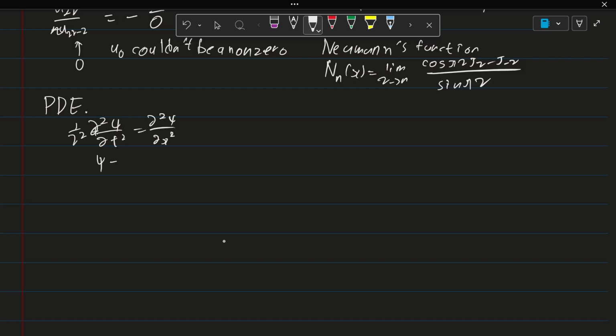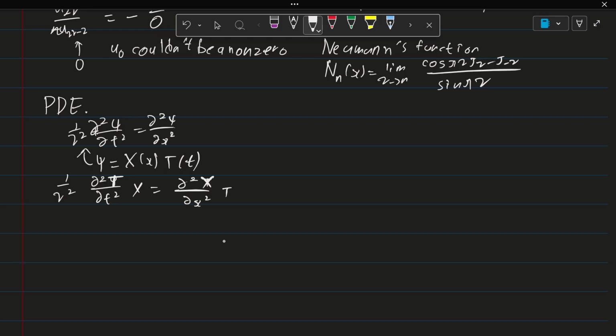So you just assume ψ equals X(x) T(t), in which each of these functions are functions of the variables independently. If you plug this in, you would get (1/v²) X ∂²T/∂t² on one side, where X is outside, and T ∂²X/∂x² on the other, in which T can go outside.